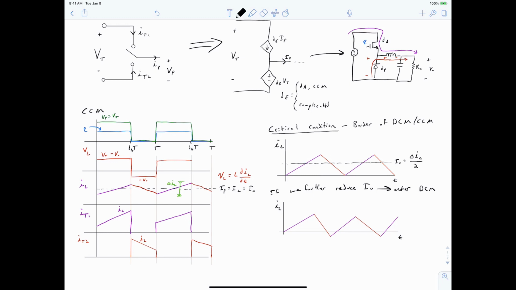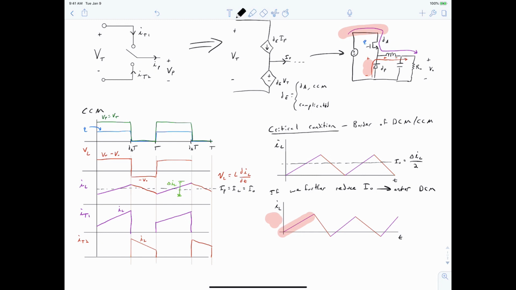When the trace is purple in our waveform, then we are following the purple line in the circuit up above. When the trace is red in our waveform, we're following the red line in the circuit above. So you can see that it is impossible for the red line to have a negative current. We cannot flow a negative current through a diode.